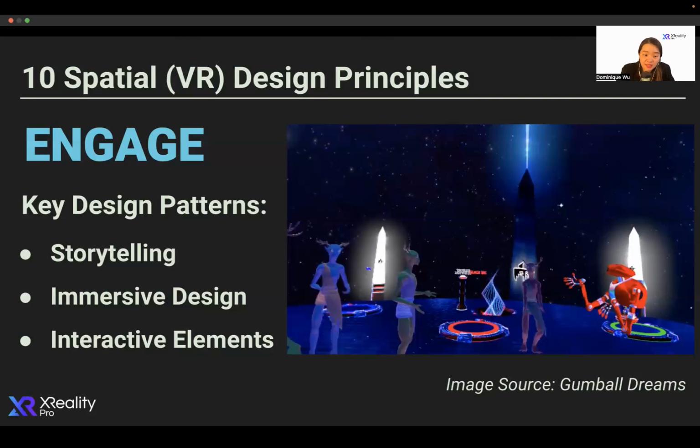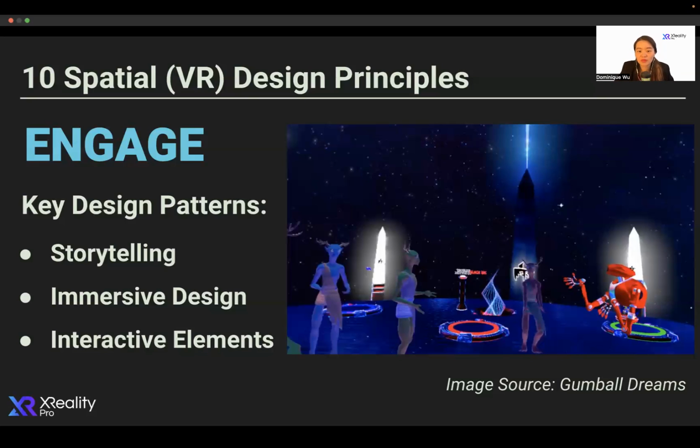And the other thing is interactive elements. What does that mean? A lot of times, a game is not immersive or engaging because you couldn't interact with everything. For example, if I grab the water cup, I can grab it. In the real world, everything is interactable. Everything you can grab, you can press.